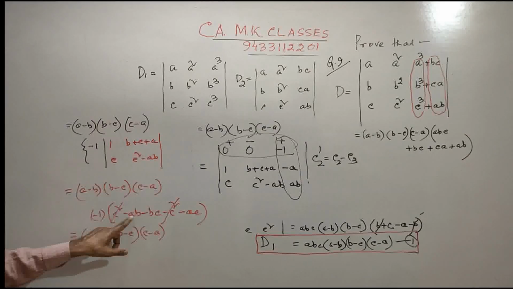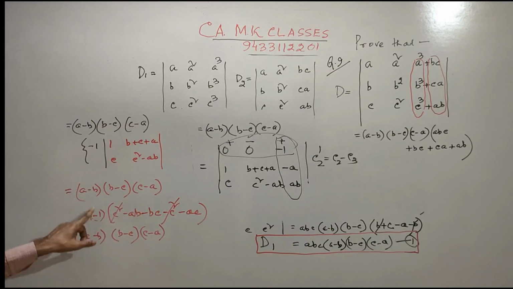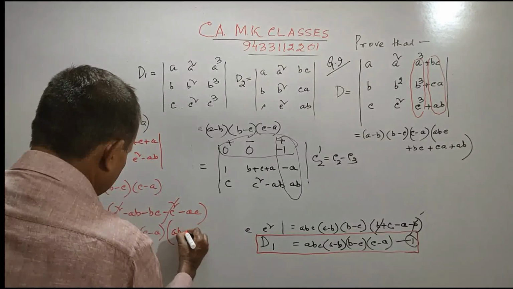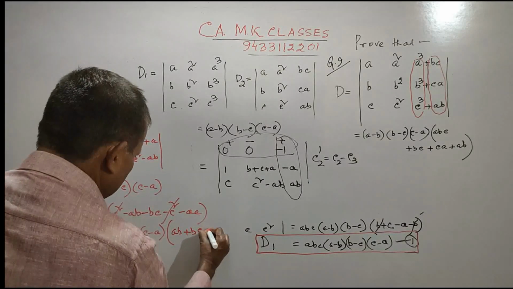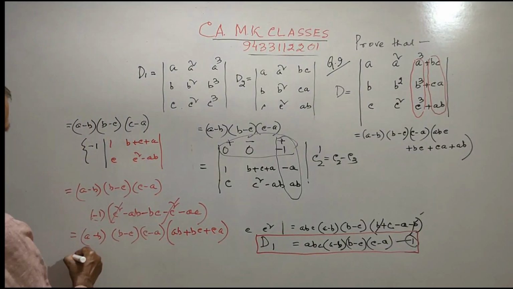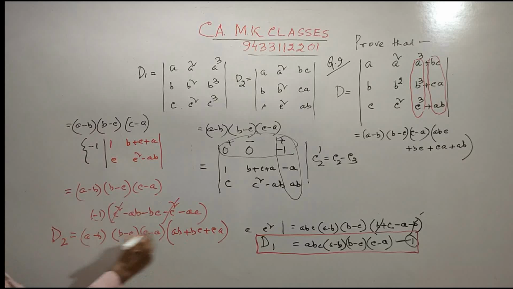Here you see minus ab minus bc minus ca into minus, so minus will be plus. This will be ab plus bc plus ca. This is your D2. So D2 is equal to this one.